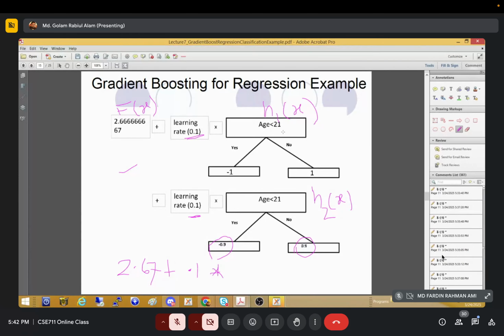Is 8 less than 21? Yes, true. So we move in this direction: negative 1, plus the learning rate 0.1 times, and since age 8 is less than 21, we move in this direction. Then it will be negative 0.9.